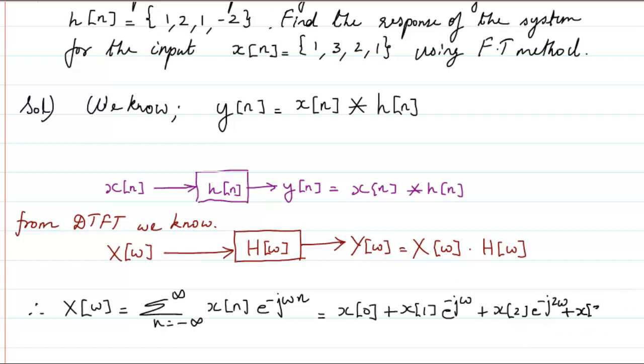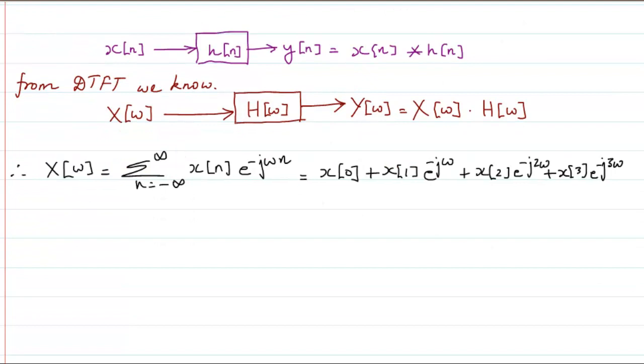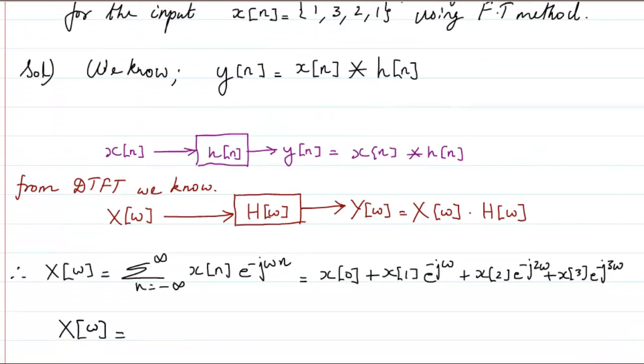Therefore X of omega, by putting in the values, is 1 plus 3 e raised to power minus j omega, plus 2 e raised to power minus j 2 omega, plus 1 into e raised to power minus j 3 omega, which I will simply write as e raised to power minus j 3 omega.